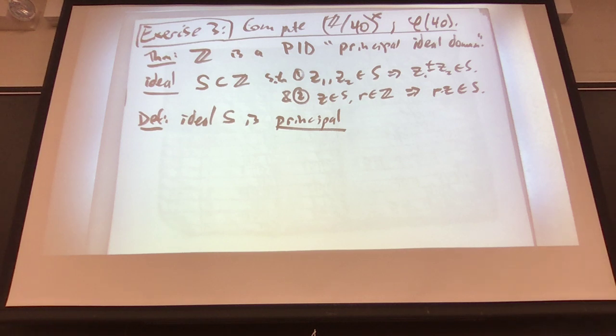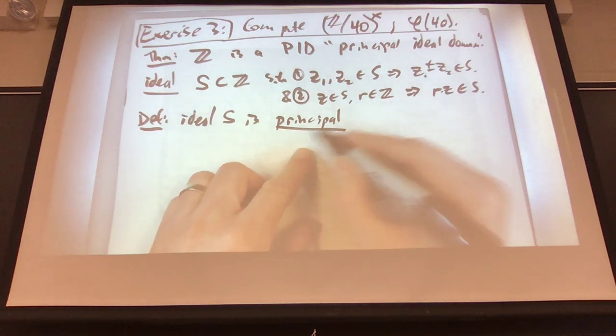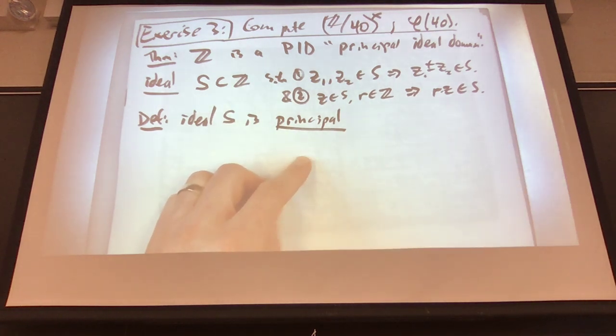So an ideal is principal. Yes? Is it can be generated by one unit? Exactly, by one element. That element doesn't have to be a unit. In fact, if it's generated by a unit, then it's the whole thing, right? We'll come back to that. But exactly what you said.